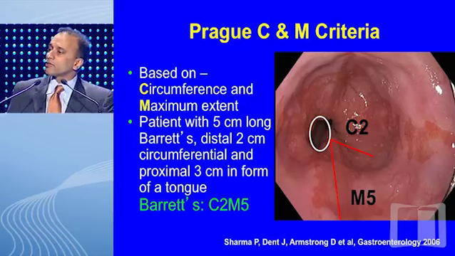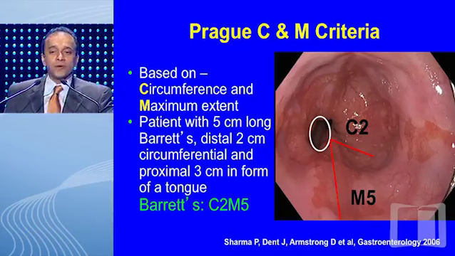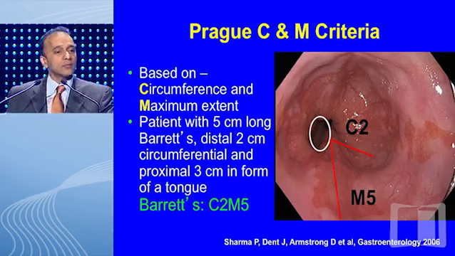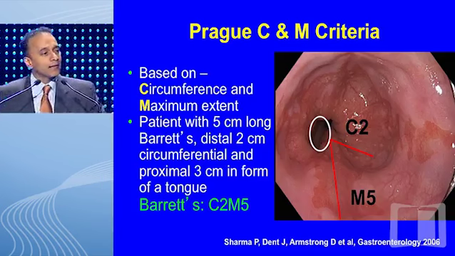Once we have Barrett's esophagus, which Raf would be talking about, we use the Prague CNM criteria to grade it, in which we endoscopically measure the circumferential extent of Barrett's esophagus or this columnar-lined esophagus, and then we use the most proximal extent, which is the M extent, and endoscopically this patient would be labeled as having a C2 M5 Barrett's esophagus.